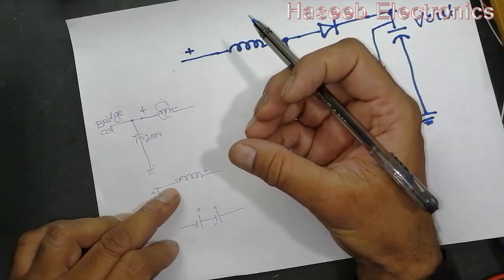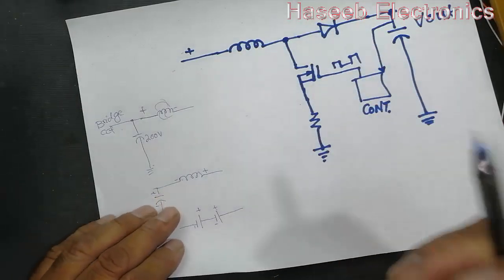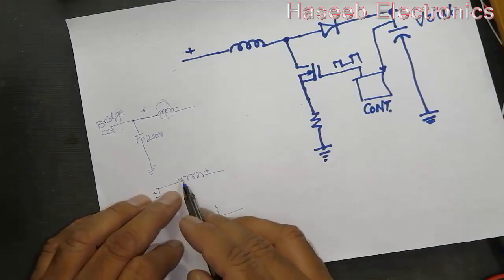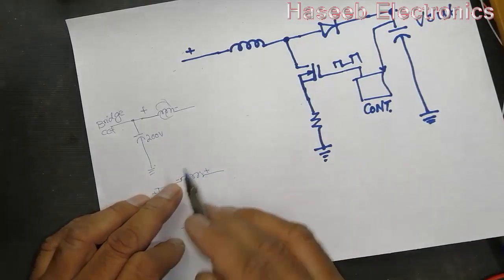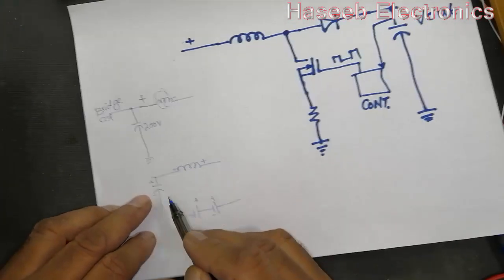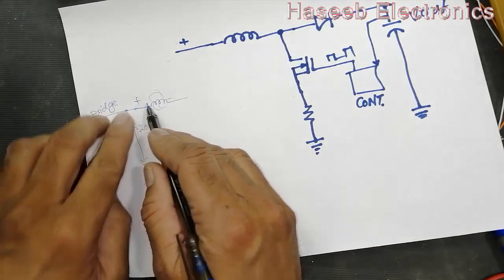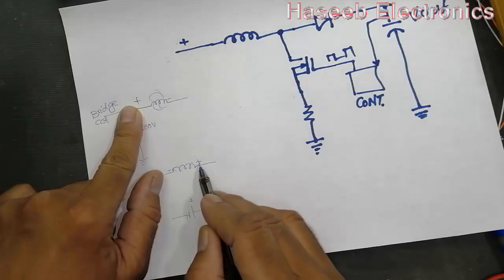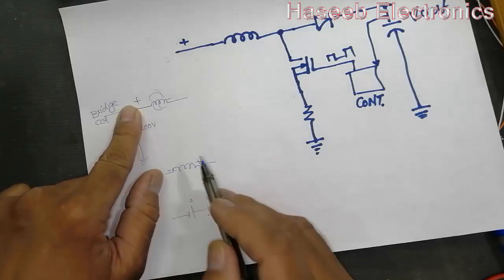While collapsing, the magnetic field will cut the inductor, the coil. So it will generate voltage, and this voltage is always reverse to the polarity of the applied voltage. First this end was positive, now while collapsing, this end will become negative, this end will become positive.